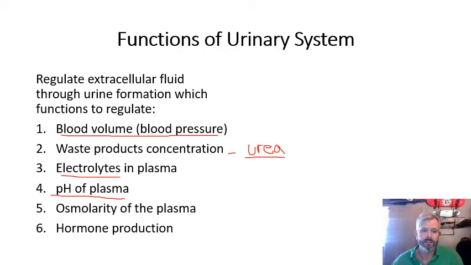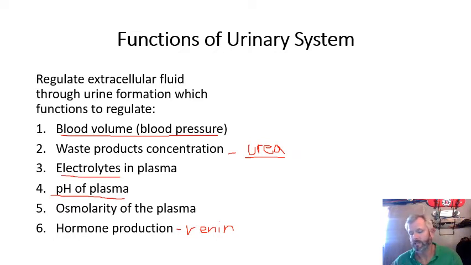Right, and then osmolarity. You've seen how important that is. Blood osmolarity is regulated by the urinary system, and also hormone production, where we saw renin. So we're going to go through this and get into all those factors, but it's a very important system.